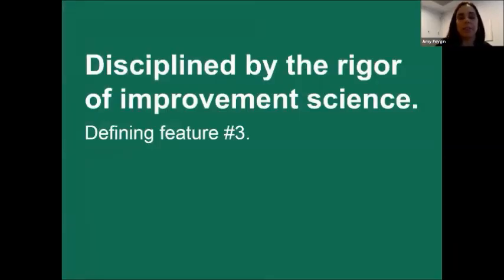The third defining feature of NICs is that they're disciplined by the rigor of improvement science, which is a method instead of tools for solving a specific problem. This method involves repeated mini experiments in which interventions are tested through some kind of continuous improvement process. Here we're going to talk about plan, do, study, act cycles. You may have heard variations on this.